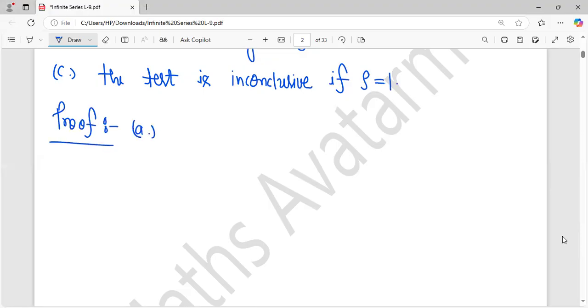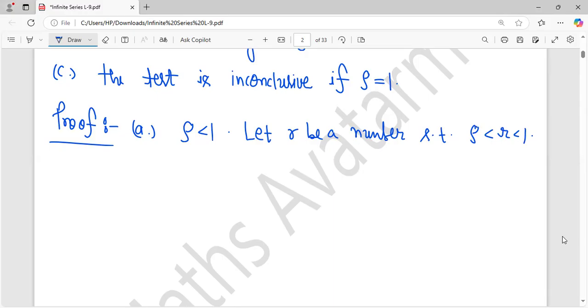So part a we are proving. So rho is less than 1. Now let R be a number such that R is in between rho and 1. Put epsilon is equal to R minus rho. Then this is positive.